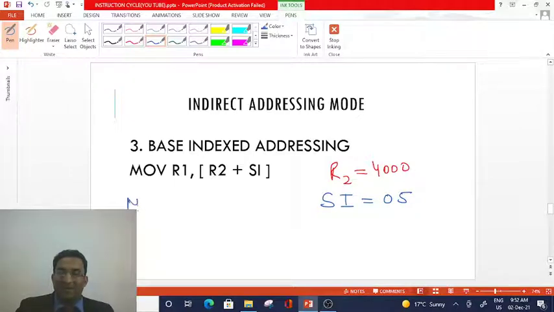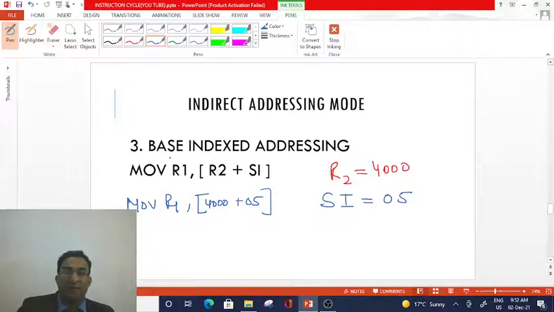So what does this whole instruction mean? Move the value of memory location 4000 plus 05, but now both values are given by registers. That's why this is called base indexed. Here an index register is used, that's why it is called base indexed addressing mode.